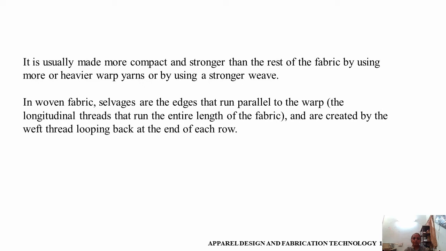During the weaving process, we use very strong yarns and compact weaving, heavier yarns and a stronger weave to create this selvage. In the looming process, it is compactly woven compared to the other part of the fabric.